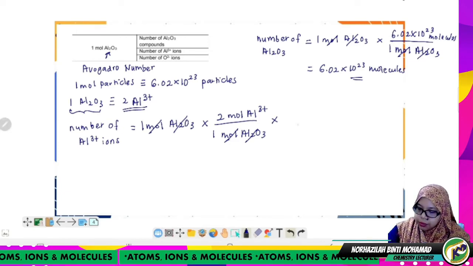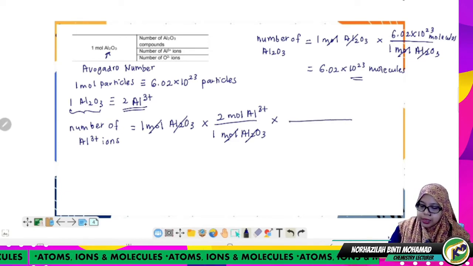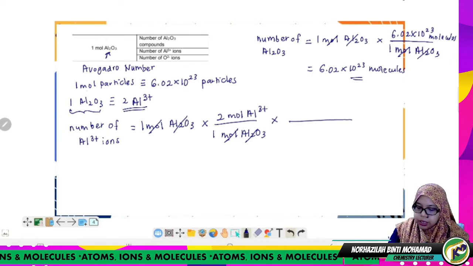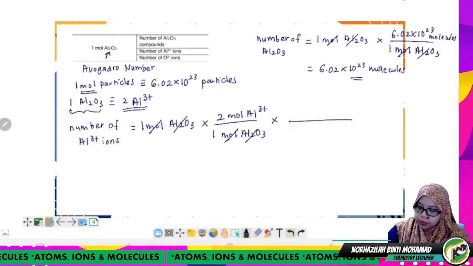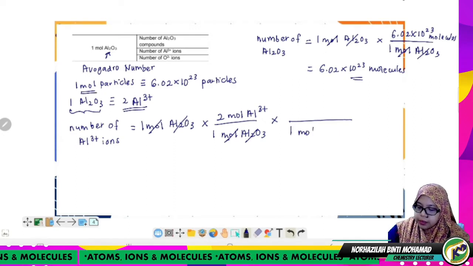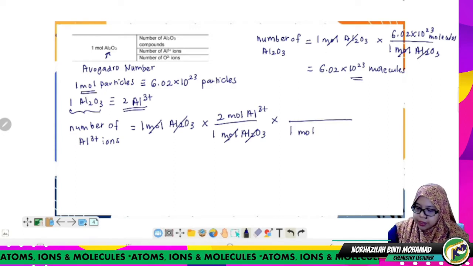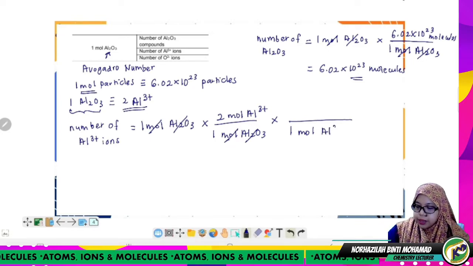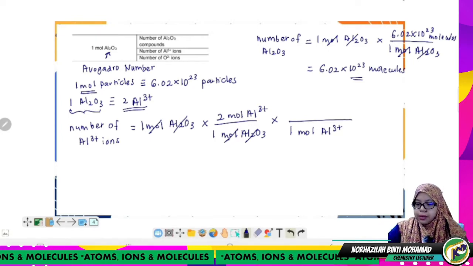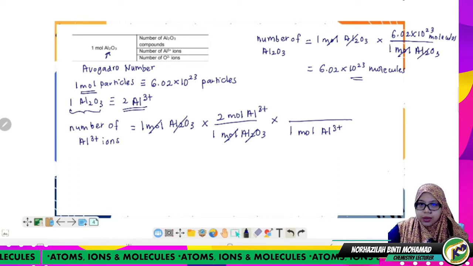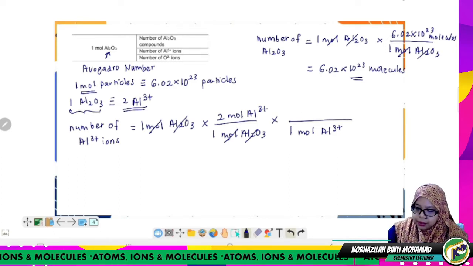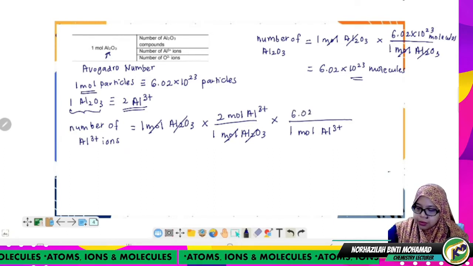So right now we want to cancel the unit of mole. Okay, the unit of mole. So we write the 1 mole. Right now the particles is aluminium ion. So we write the aluminium ion. So we can cancel the unit of mole aluminium ion, times with, at the top we put 6.02 exponent 23 what?